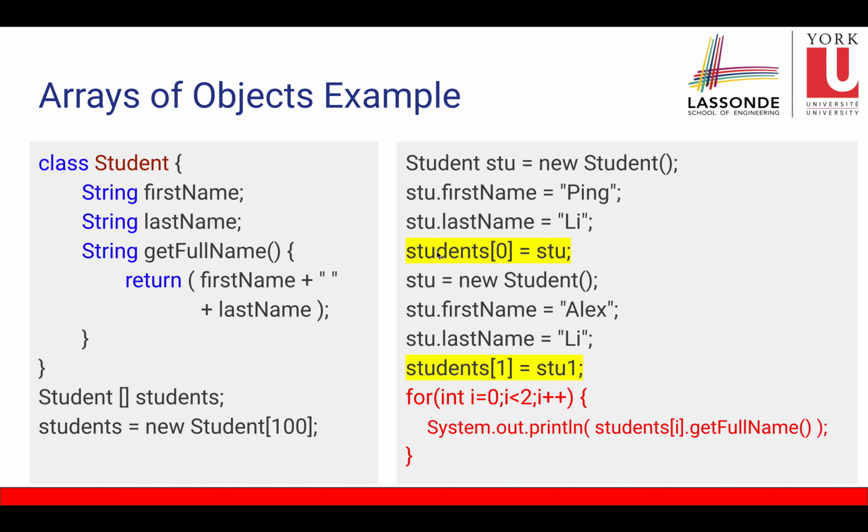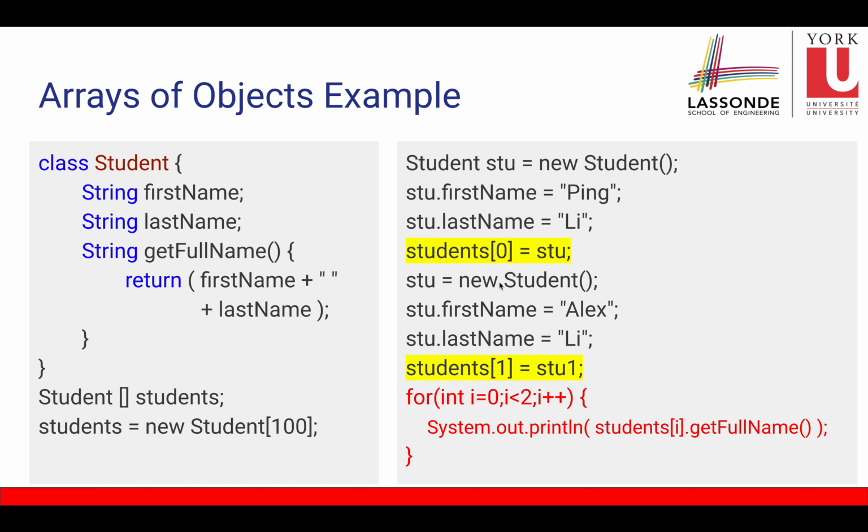Let's look at the highlighted line. We put this student instance into the first element of the student array. Then we create another student. We share the student name, but we reallocated the memory.